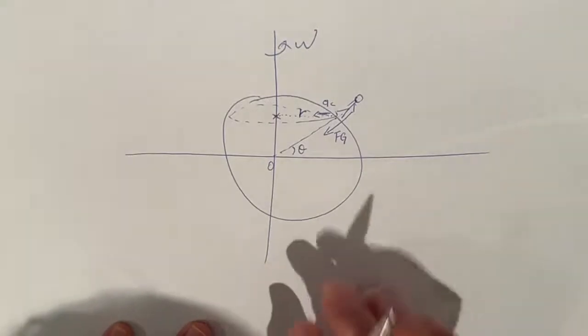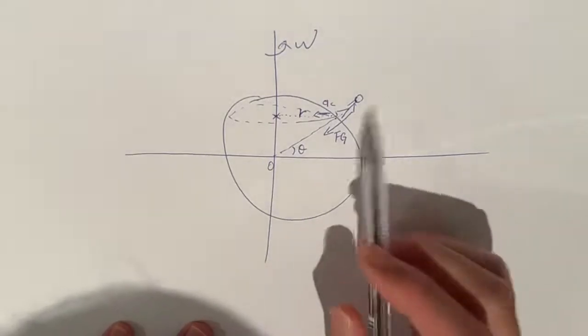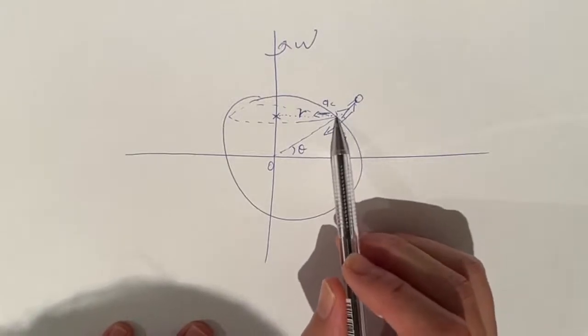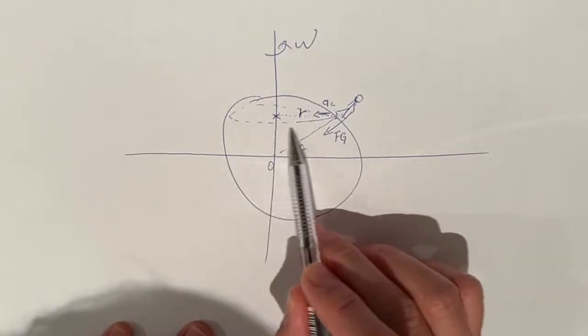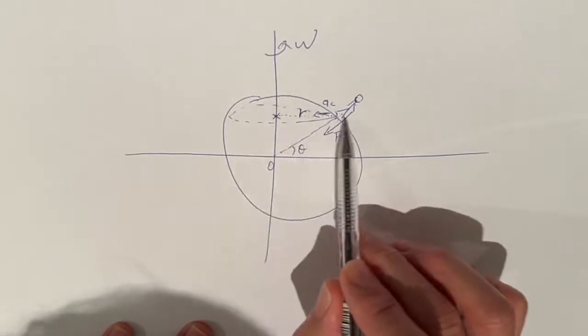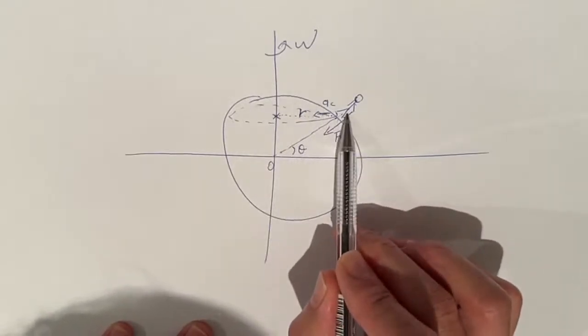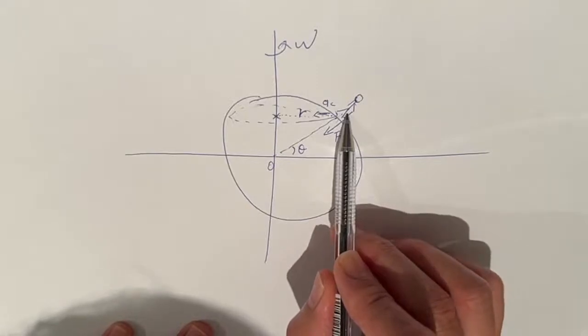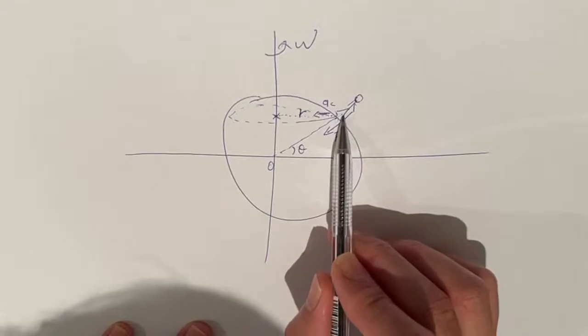Now remember one thing, I repeat again. Since this person is moving along this horizontal circle, it is a non-inertial frame.